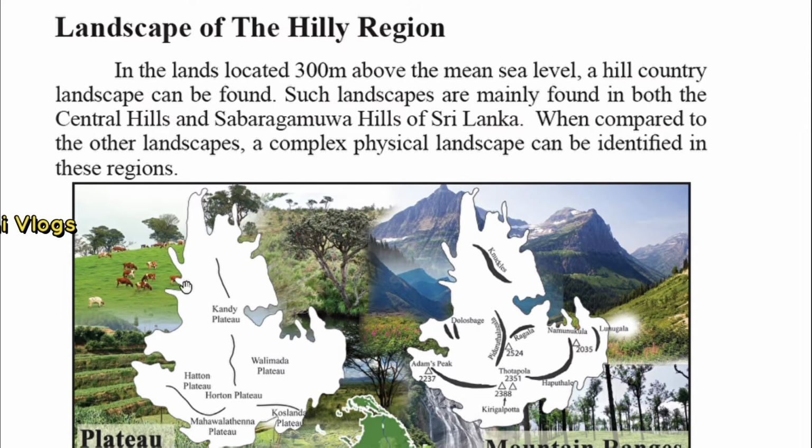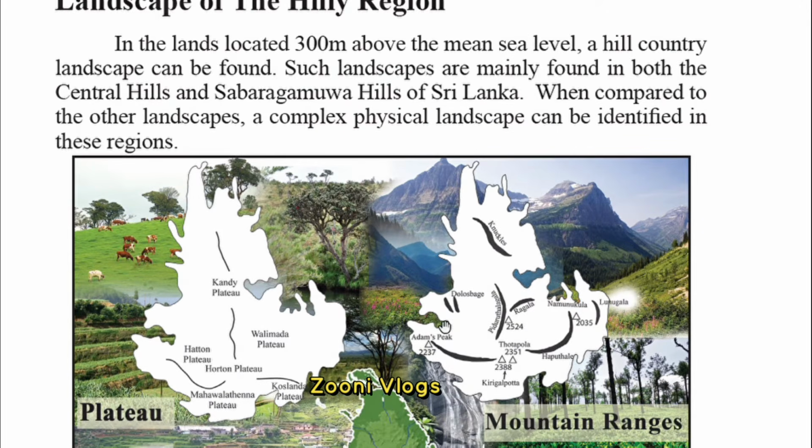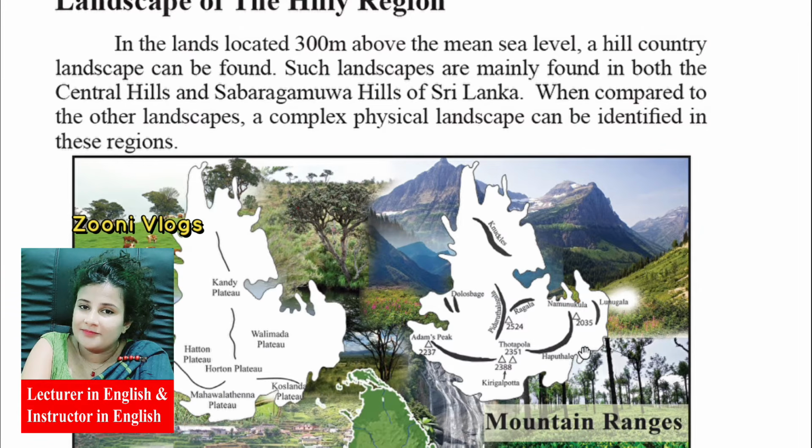Now here Kandy Plateau, Wellimada, Hatton, Horton Plains, Mahawalatenna, Koslanda. Now here the plateaus. And the other one is Knuckles, Namunukula, Lunugala, Haputale, Ragala, Kirigalpotta, Thotupola, Piduruthalagala, Dolosbage, Adam's Peak.